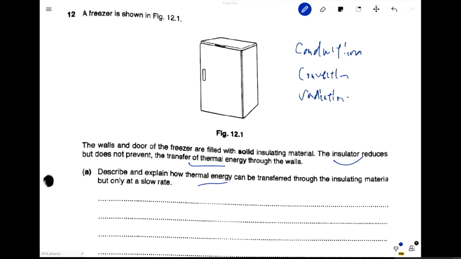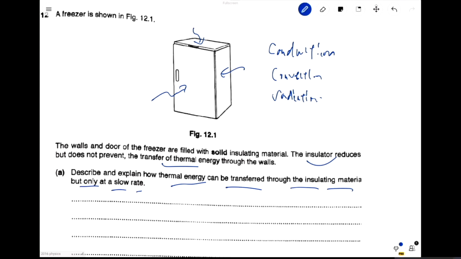Explain how thermal energy can be transferred through the insulating material, but only at a slower rate. That means heat can still pass through. Why can heat still go in? Which one is it? Is it conduction, convection, or radiation? Conduction, right?